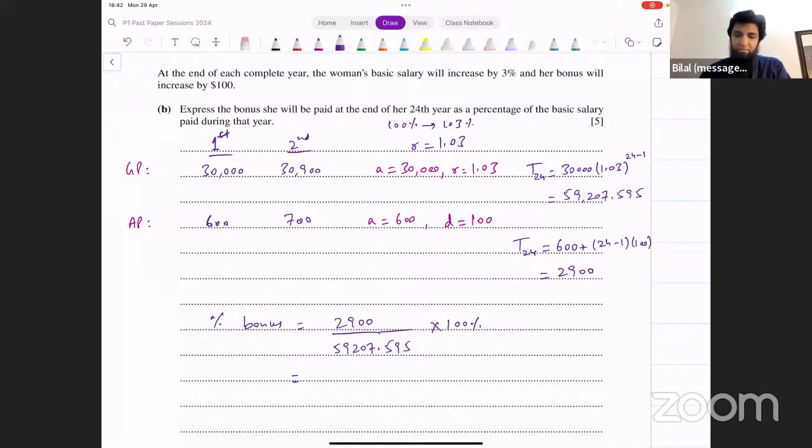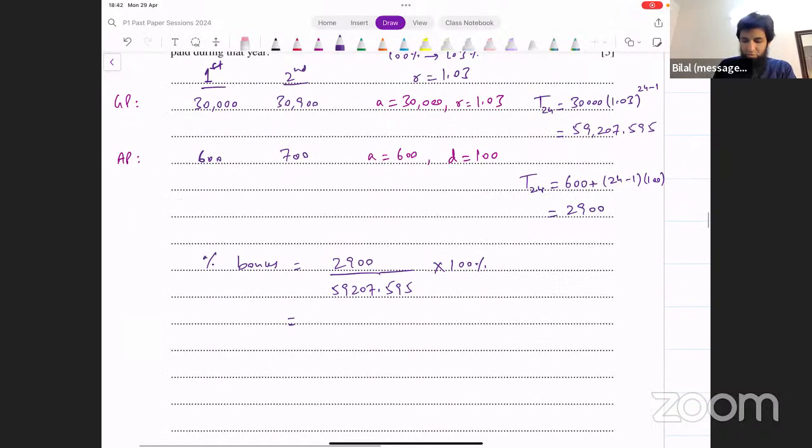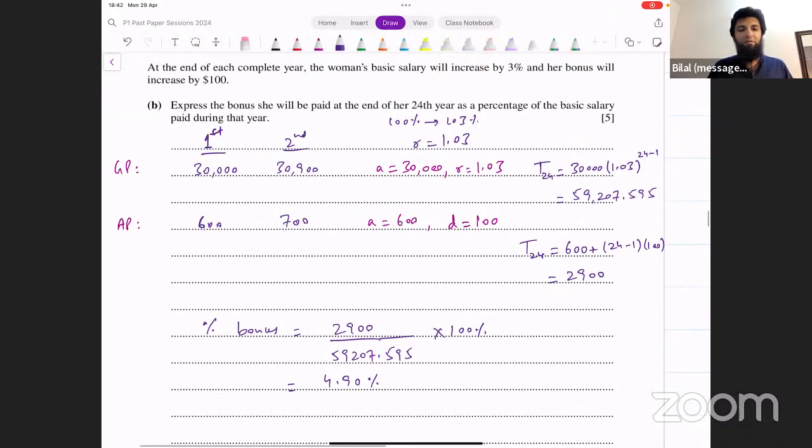That is giving me 4.898, and that will round off to 4.90%. That's the percentage of the bonus at the end of the 24th year. That's what we get.